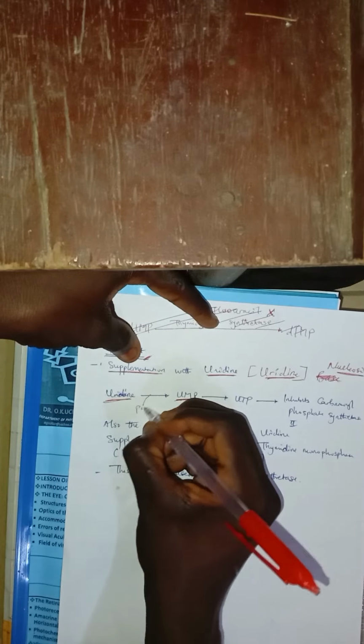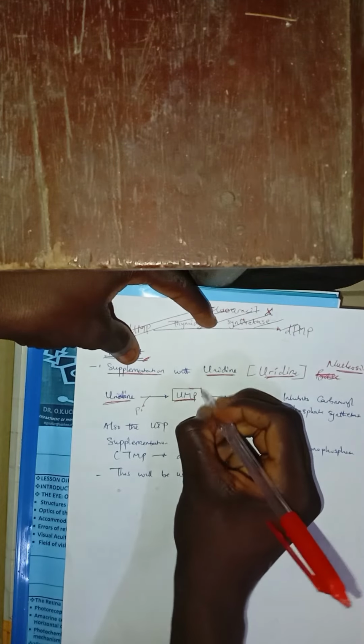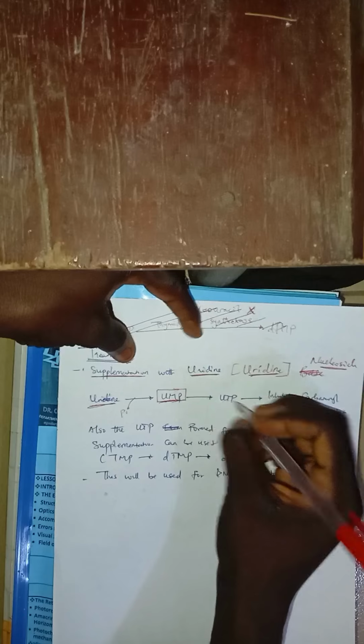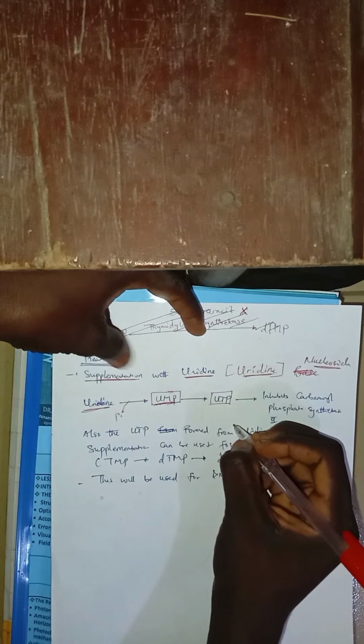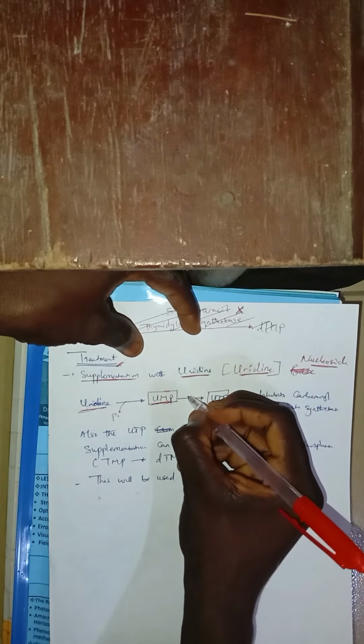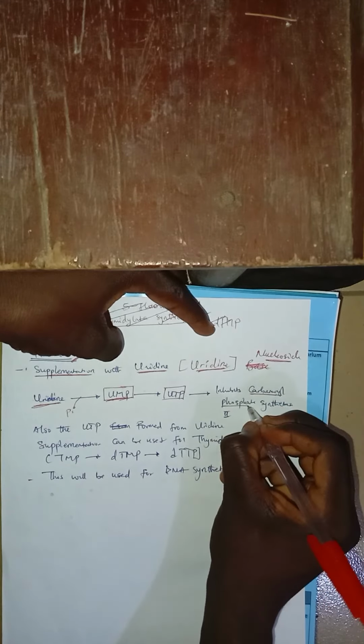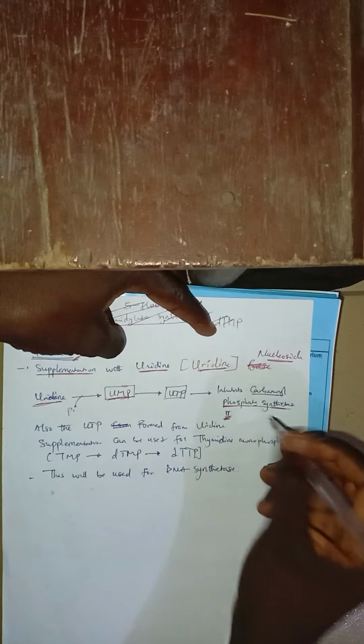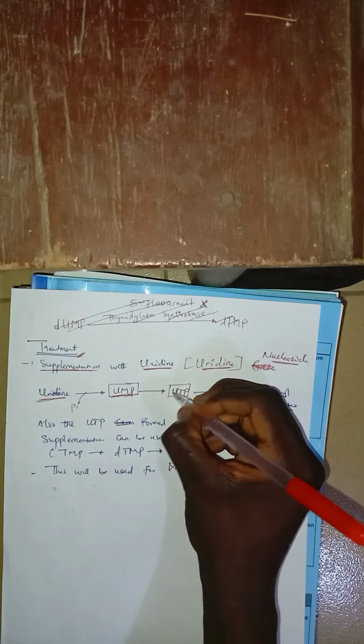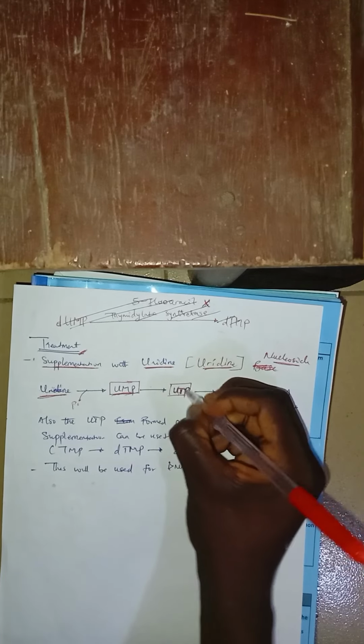So once I add phosphate to uridine, what will I get? I'm going to get UMP. UMP will form UDP first, then later on UTP. Once it forms UTP, UTP can inhibit carbamoyl phosphate synthetase II too. Do you remember during the regulation of the biosynthesis pathway, we saw that UTP has the ability to inhibit that enzyme?